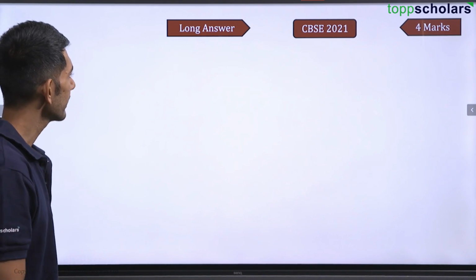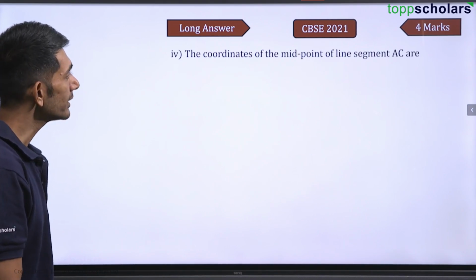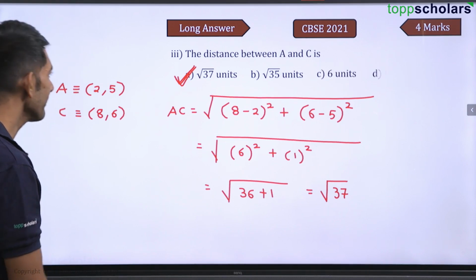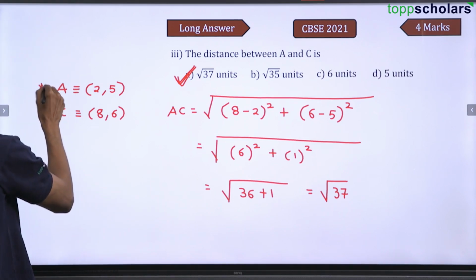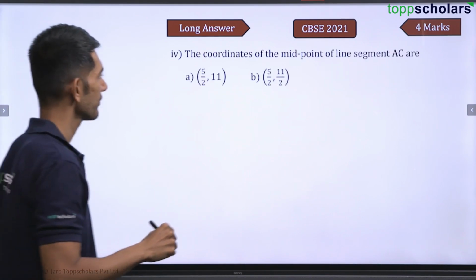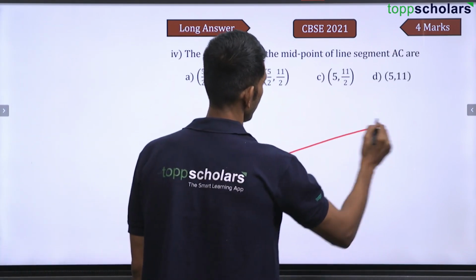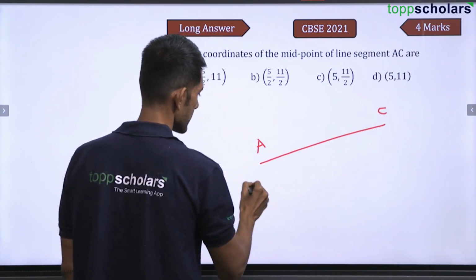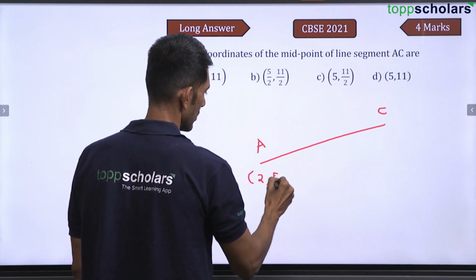Perfect. Let's continue further. The coordinates of the midpoint of AC. So again we have AC. This is A, this is C, that is 2 comma 5, 8 comma 6.